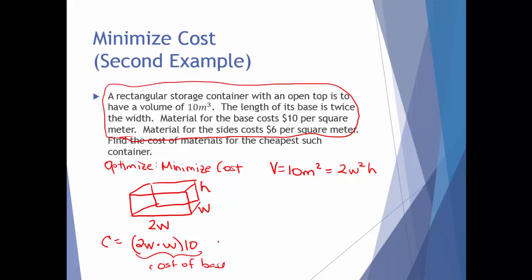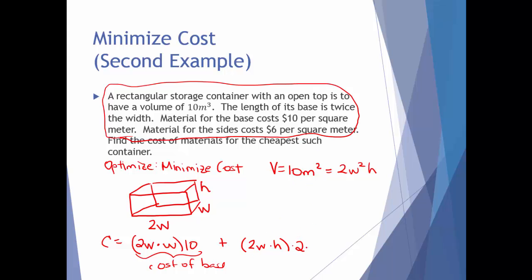Okay, so now we need to do the same thing for the sides. The problem with the sides is they're not all the same. This front panel is 2W by H, whereas the side panel is W by H. So we're going to have to consider the front and the back separate from the two sides. So let's do front and back first. The front and back, their surface area is 2W by H. Now there are two of those panels, so we're going to multiply by 2, one for the front, one for the back.